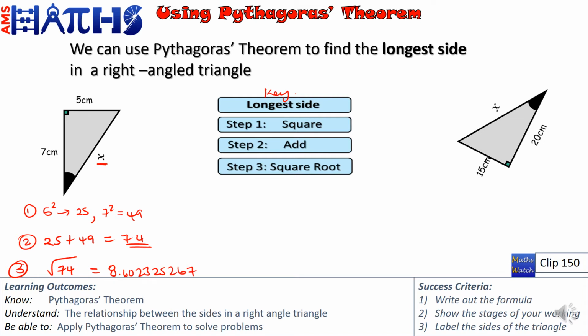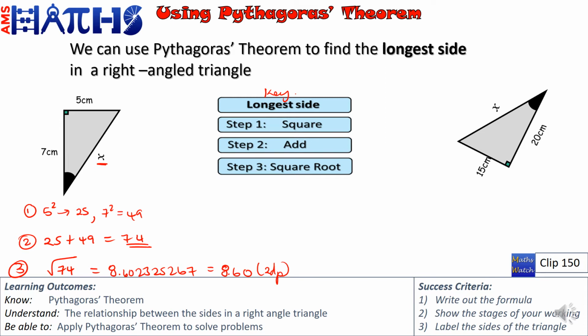Most times, if we're getting a question where we don't have an exact answer for the square root, you might be asked to round off to a degree of accuracy. For this question, I'm going to write it to 2 decimal places, so 8.60 to 2 dp.